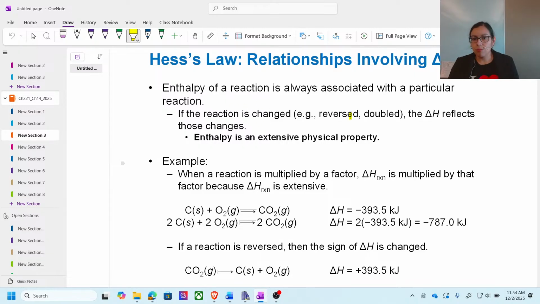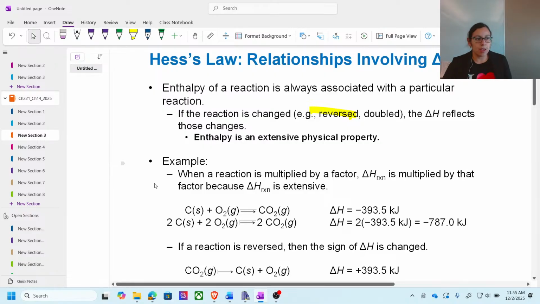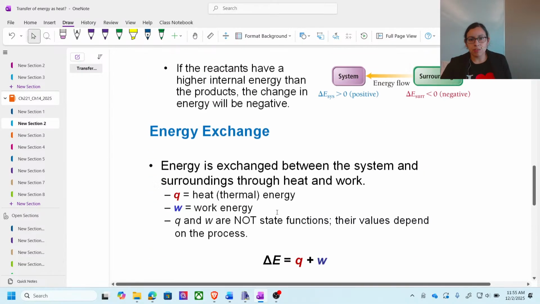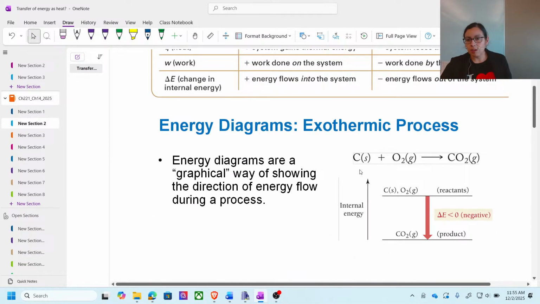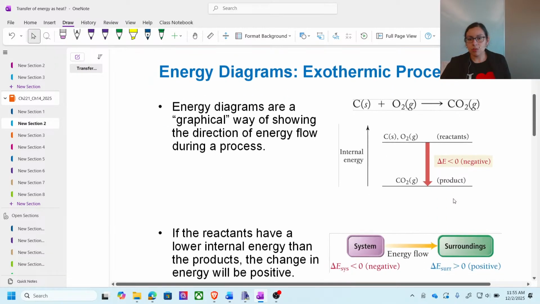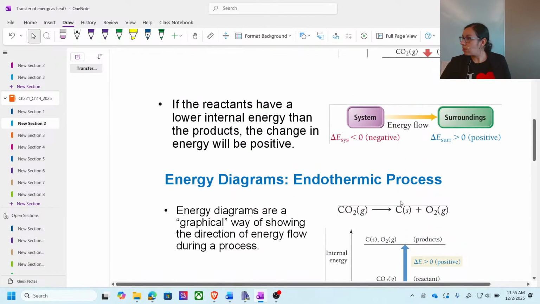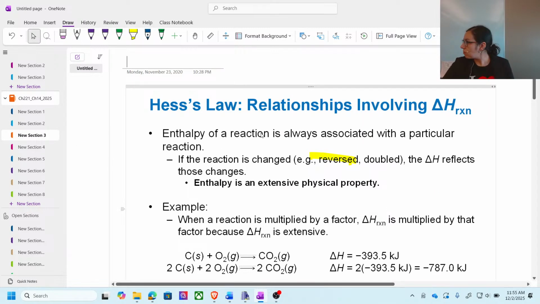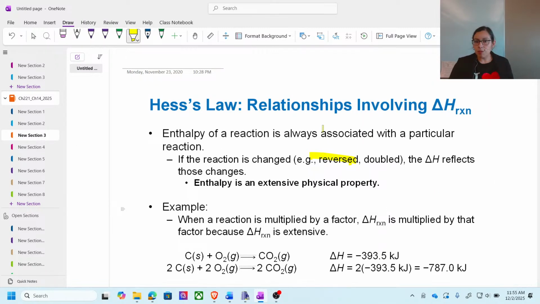So if we reverse it, the change in enthalpy flips. And you kind of saw that with the carbon plus oxygen gives us CO2. Same process, we can just flip them, and that changes our sign. We can double it, or we can scale it by whatever amount.